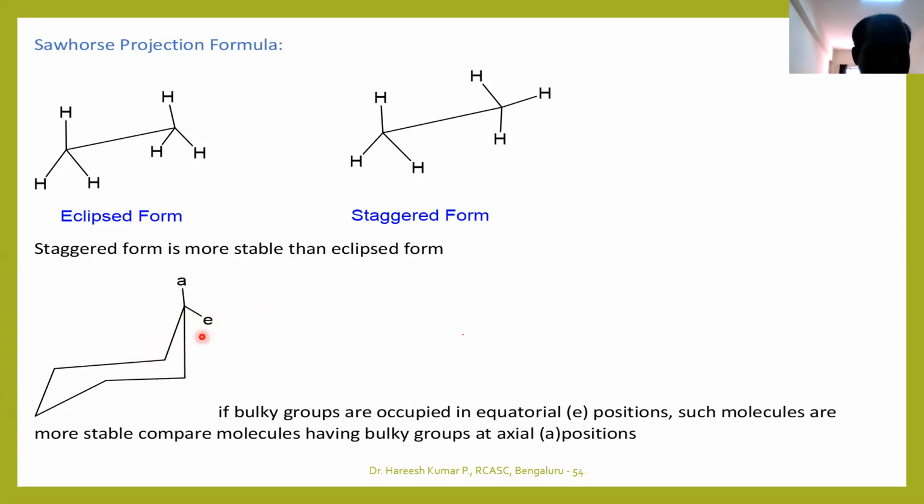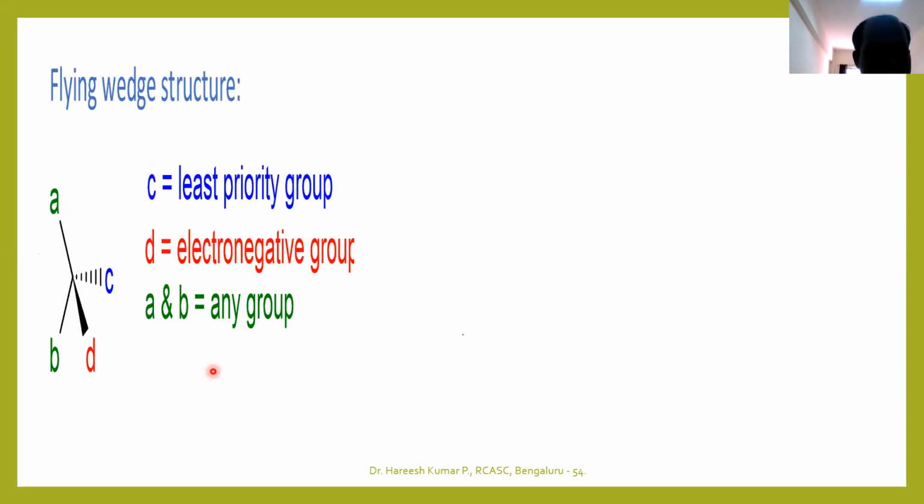That's what I need to mention, because these are all conformations. These two are conformations. This is also a conformation. We will discuss more about conformational analysis at a later stage under stereochemistry. So with this, I will go to the next slide.